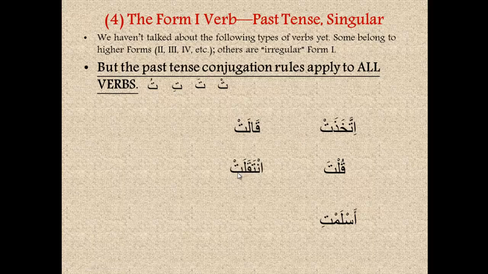Intaqalat, we know it's conjugated for hiya. Qadaytu, we know it's conjugated for ana because of the tu. Ta'akharta, we know it's conjugated for anta because of the ta. Qarartu, it's conjugated for ana because of the tu. And sallayti, it's conjugated for anti because of the t. So these past tense conjugation rules apply to all verbs regardless of form and regularity.